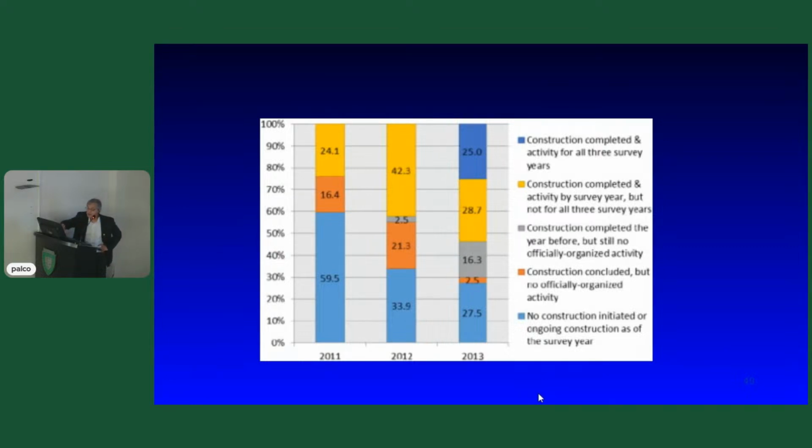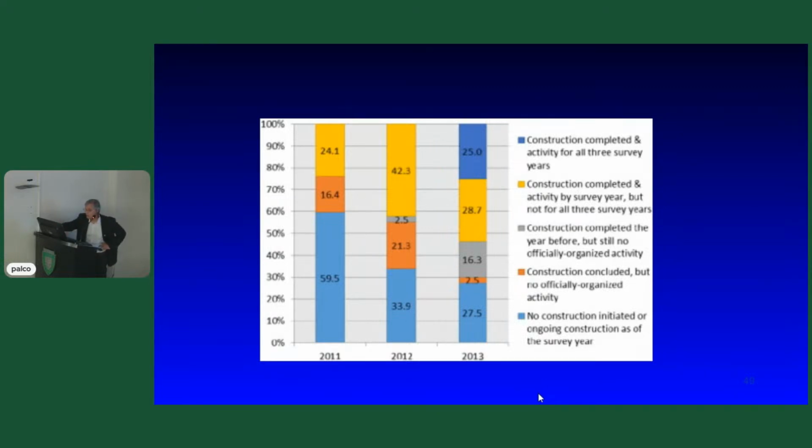So 16.4 plus 59.5, that's a lot. That's 75, 76% more or less of the cities in 2011 that did not have any academia going on. Only about 24% had some work done.